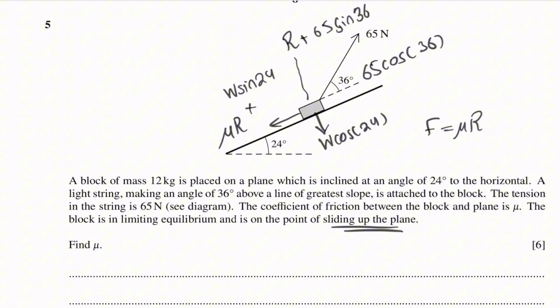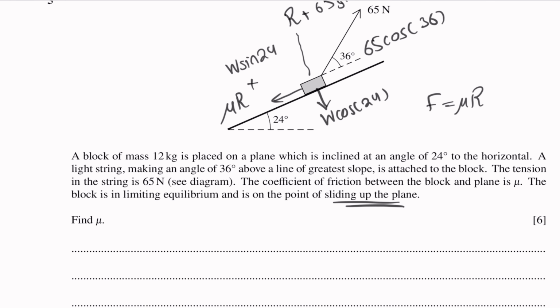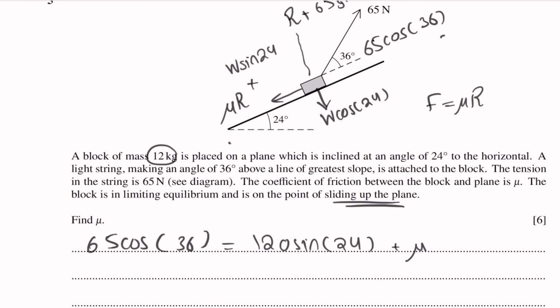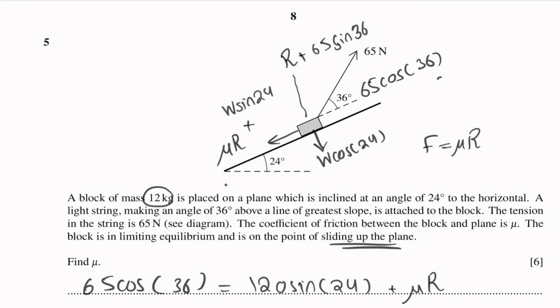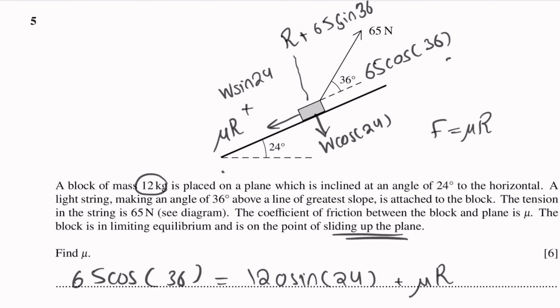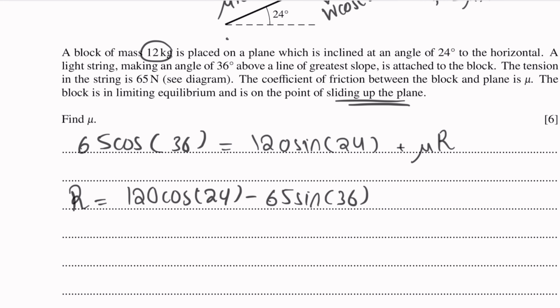Now we're going to try to find mu, given that we are in limiting equilibrium, meaning the forces on the left are equal to the forces on the right, and the forces up are equal to the forces down. And so we're going to have 65 cosine 36, which must equal the weight component, 120 sine 24, plus mu R. However, we need to find R. R is going to equal the weight, or 120 cosine 24, minus 65 sine 36, and this again comes from the idea of up being equal to down.